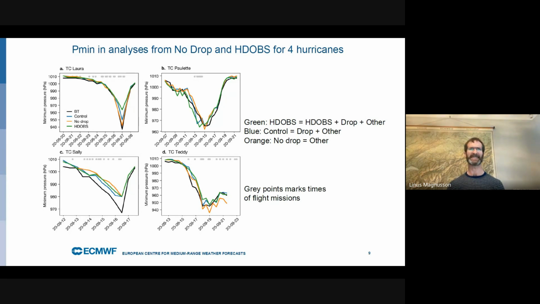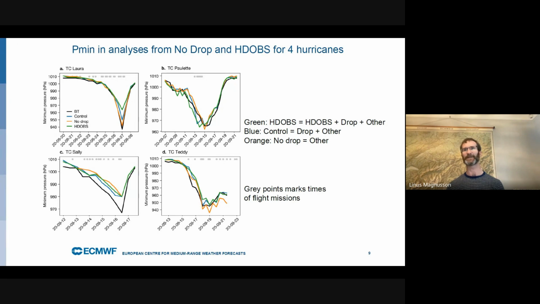The case that is muddying the water here is Paulette in B, where we see that the green, which included all the data, produced too strong a cyclone during the intensification phase. But that was actually a little bit before the reconnaissance flight started.